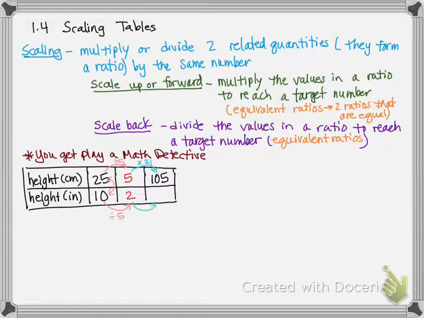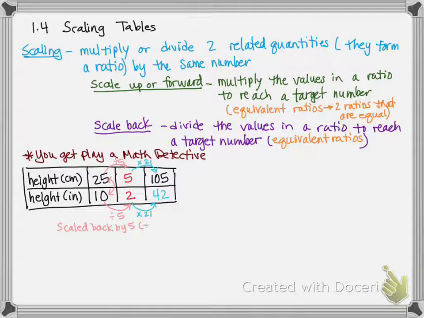So that means if I multiply or scale up 2 by 21, I get 42. So what we said is we scaled back by 5.